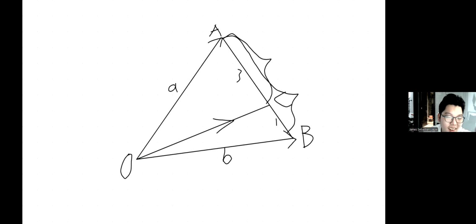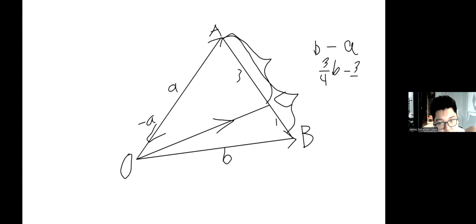If OA is the vector A, then we can also say that AO is the vector minus A, which means that AB is just B minus A, because this is minus A plus B. If AB is B minus A, then AC is just 3/4 of the way through.